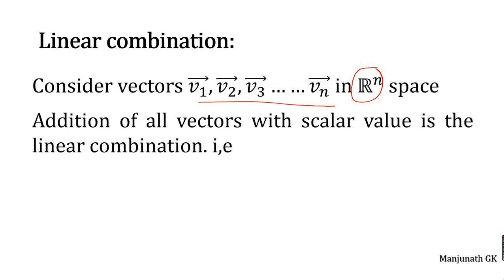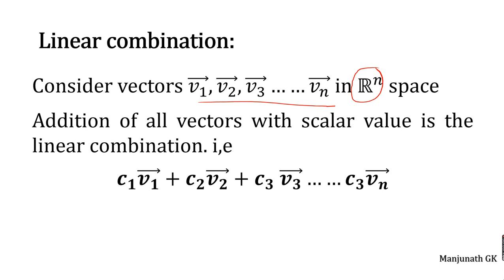We have discussed how vectors are added and how vectors are multiplied with scalar values. This equation is nothing but a linear combination of the given vectors. Here it is n. All vectors are added along with their scalar values.